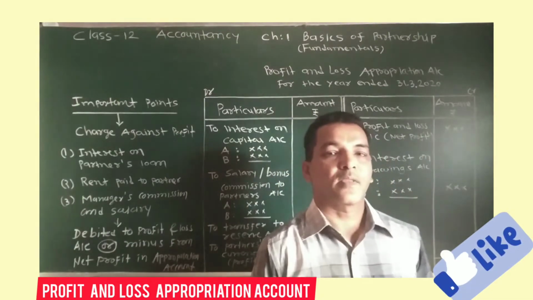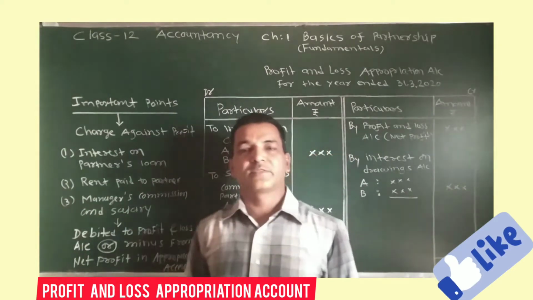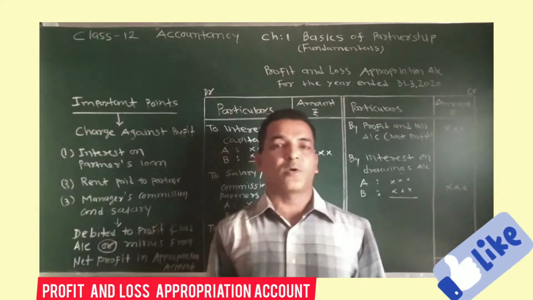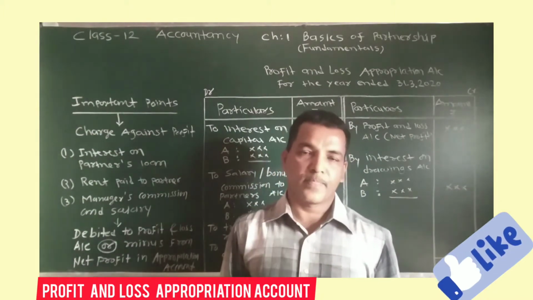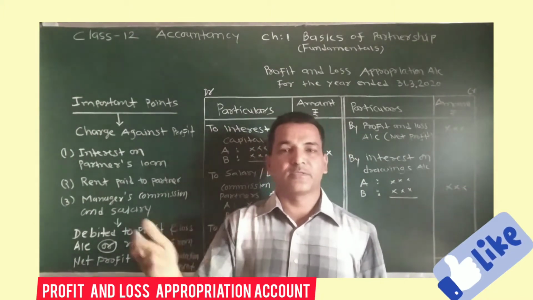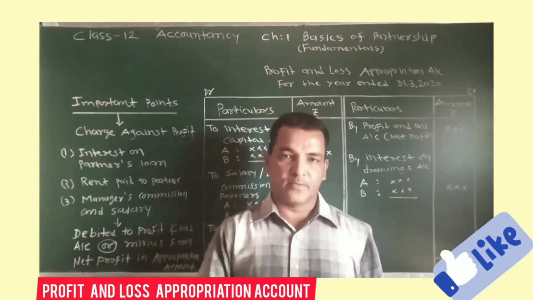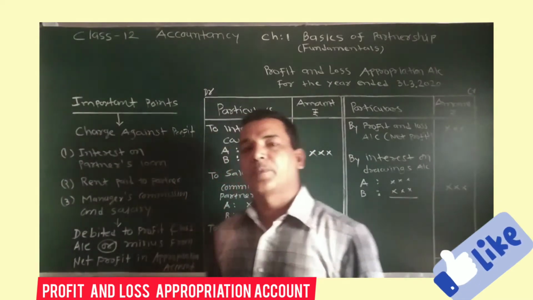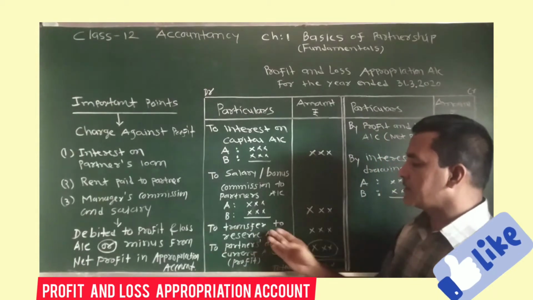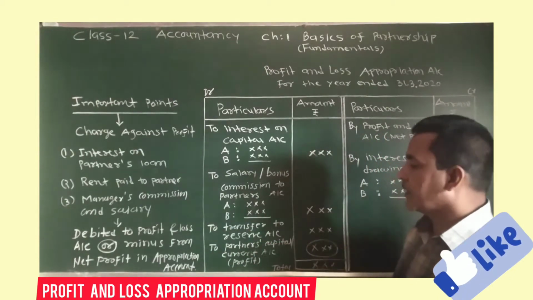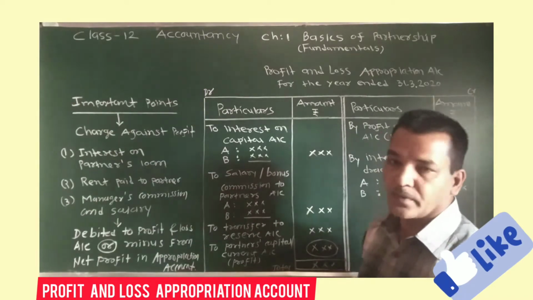Thereafter, if the partnership firm has decided to transfer some amount of net profit to reserves, that appropriation to reserve, transfer to reserve, will be debited to appropriation account debit side. So you can see the next point, to transfer to reserve account, it is debited.